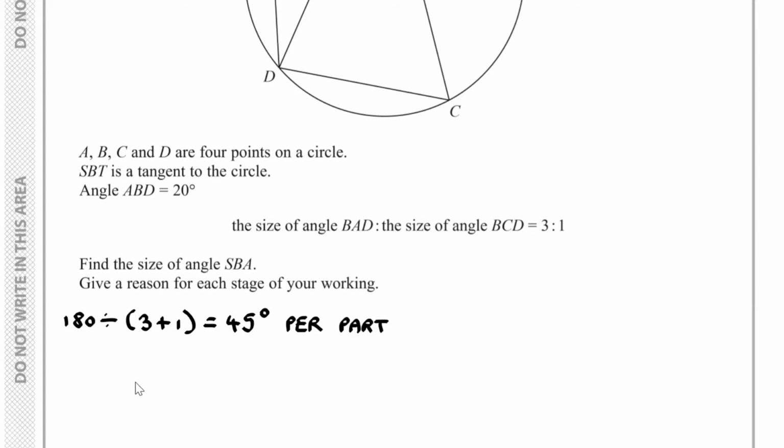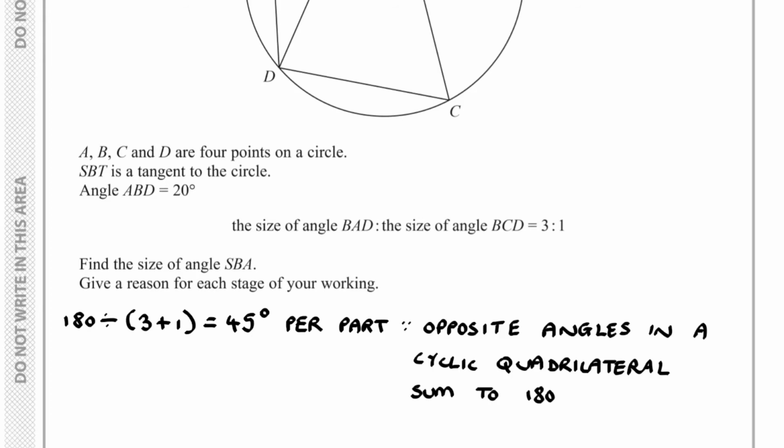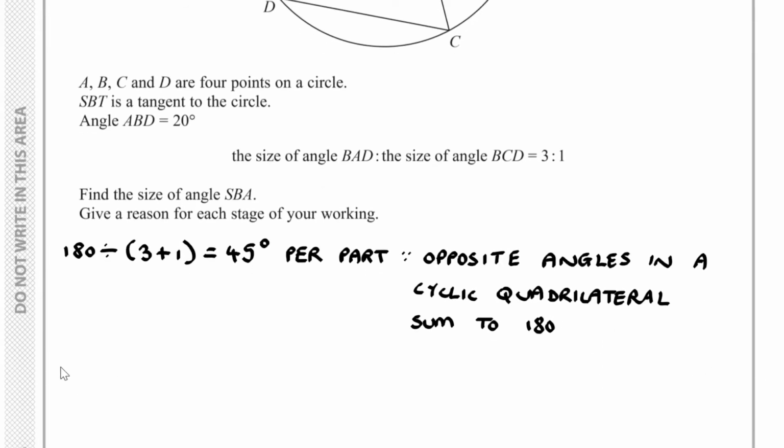Let's write down the reason: opposite angles sum to 180 in a cyclic quadrilateral.